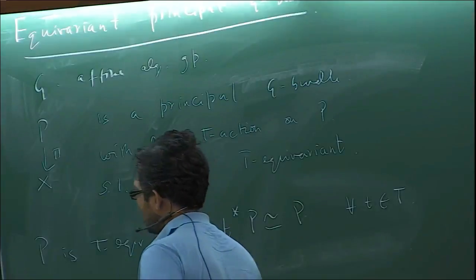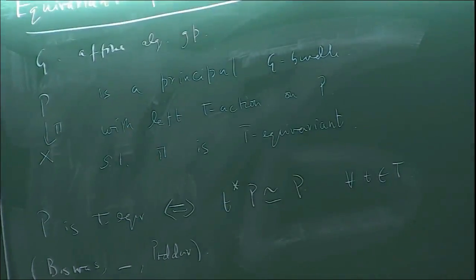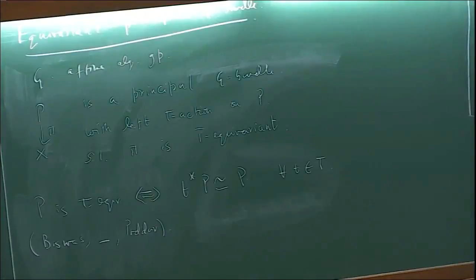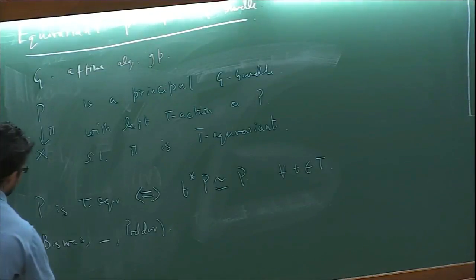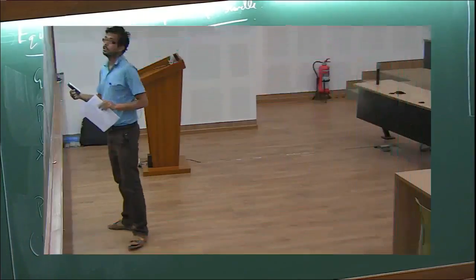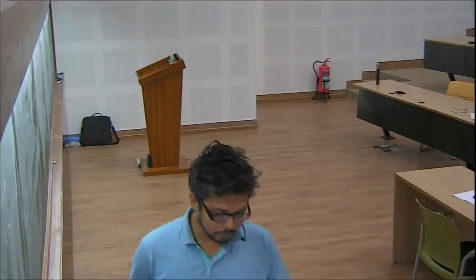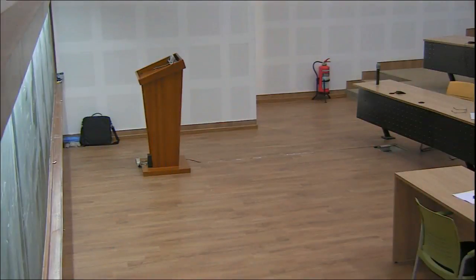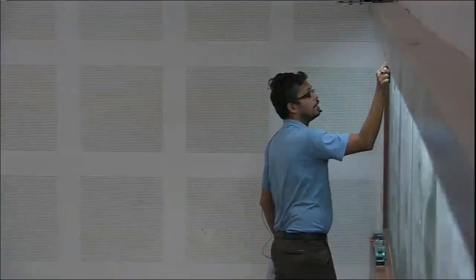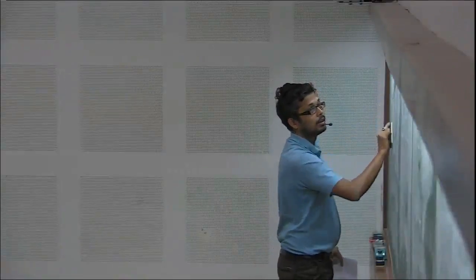This is Kliatchko's analog for equivariant principal bundles. So T equivariant principal bundles are also rigid objects. Now the question is how do you classify equivariant principal bundles?